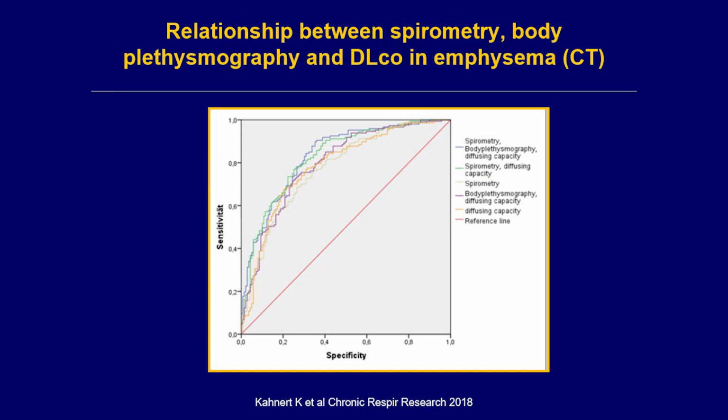And the result of this investigation was, if you say, I have emphysema, yes or no, and you then make this kind of plot, a so-called receiver operating characteristic curve, then you see the following result. If you combine spirometry with diffusion capacity, then body plethysmography does not give us further and additional information.